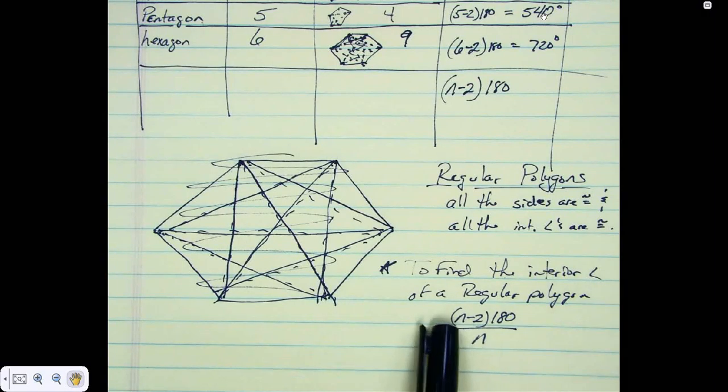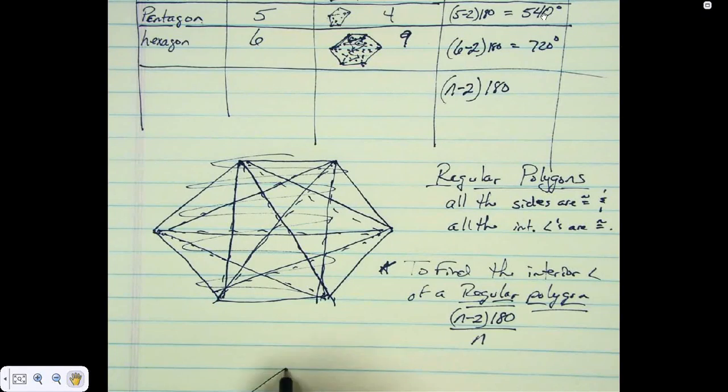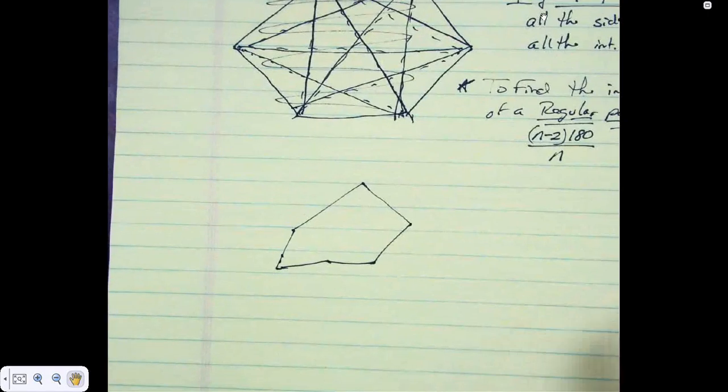Put a quadrilateral in there. 4 minus 2 is what? Times 180 is? Divided by 4 is what? Isn't that what all the angles of a square are? Yes. This only works when they are what, though? Regular polygons. I can draw a 6-sided figure. That's a 6-sided figure right there.